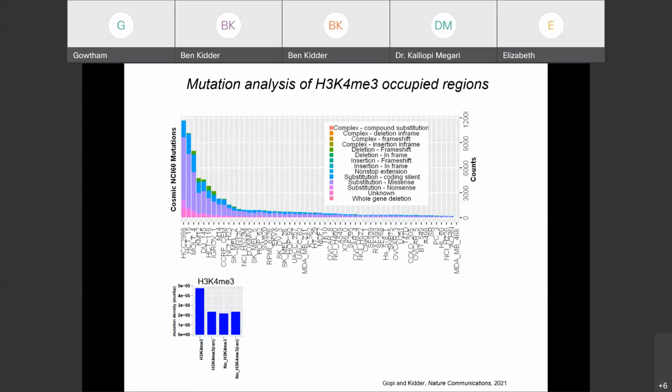We saw a significant increase in mutation density in regions occupied by H3K4 trimethylation relative to random regions. This is basically the similar size and frequency of these peaks, but also relative to regions without H3K4 trimethylation and random regions.